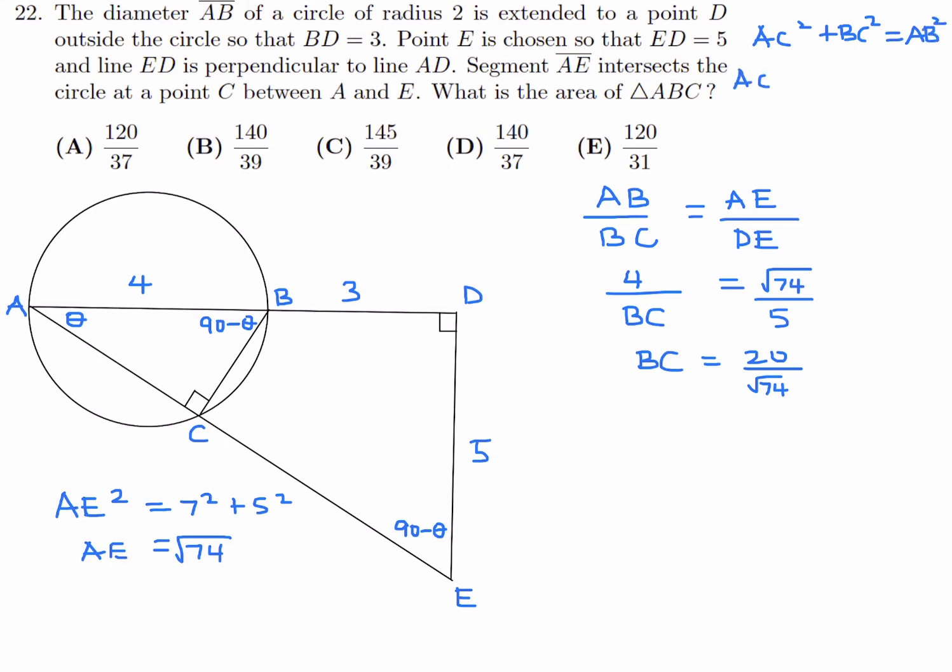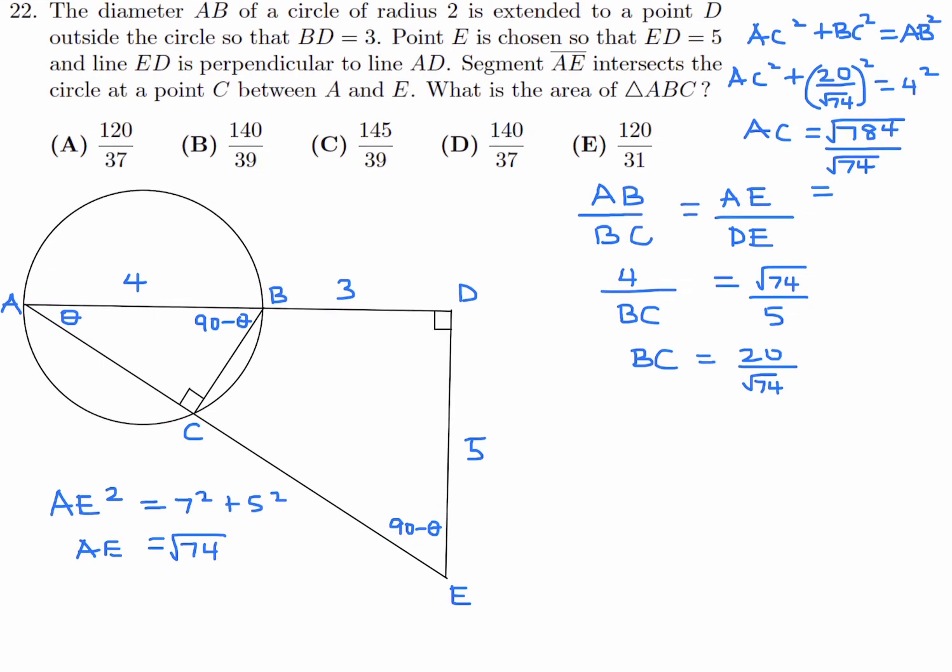So AC squared, BC is 20 over root 74 squared, and then AB is 4 squared. So isolating for AC, when you do all the math, you will get 784 over 74, and that is 28 over root 74.